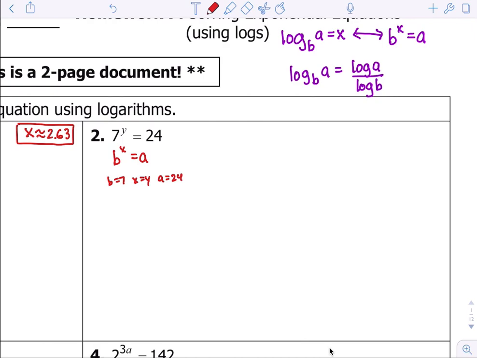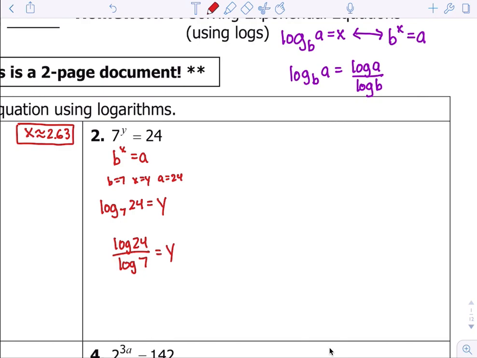Now plug it in to get it into log form: log base 7 of 24 is equal to y. Now we do our change of base formula: log of 24 over log of 7 is equal to y.